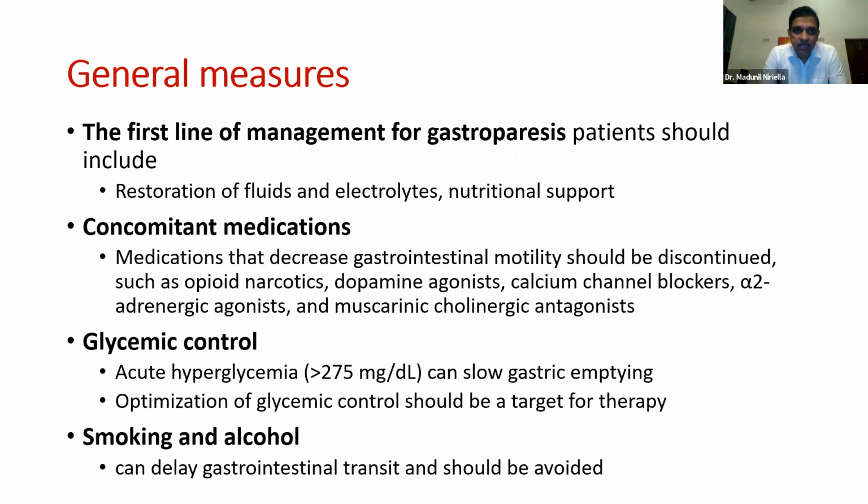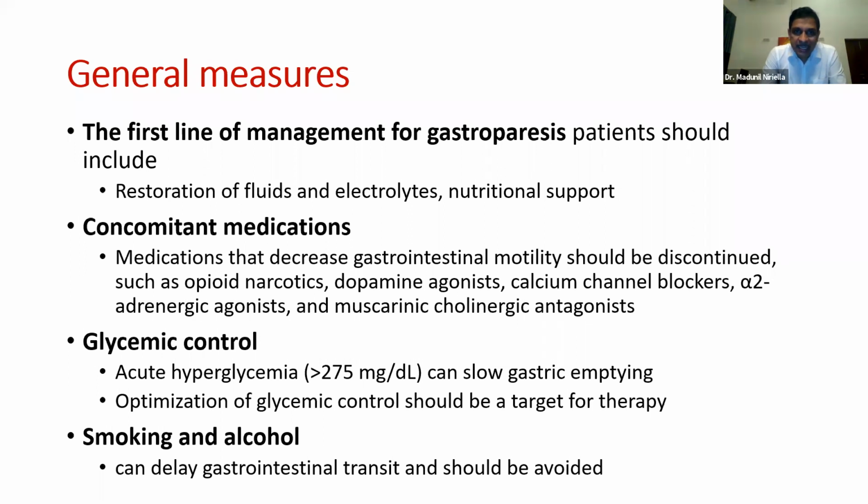In the general measures, the first line management of gastroparesis patients should include restoration of fluid, electrolyte, and nutritional support. That's paramount: correct the dehydration, the electrolyte imbalances, the caloric deficiencies, and the vitamin and mineral nutrient deficiencies.